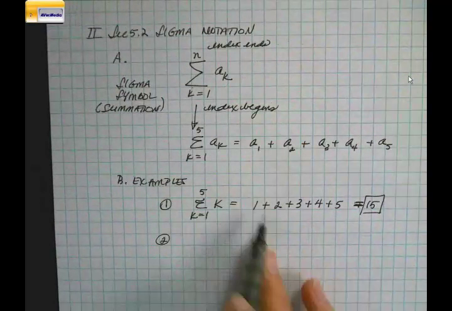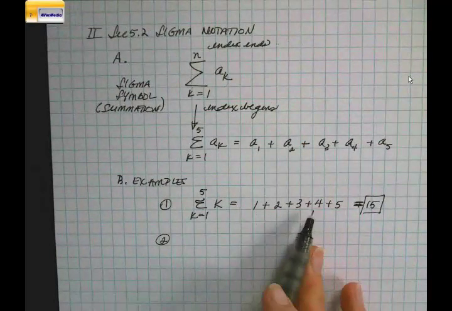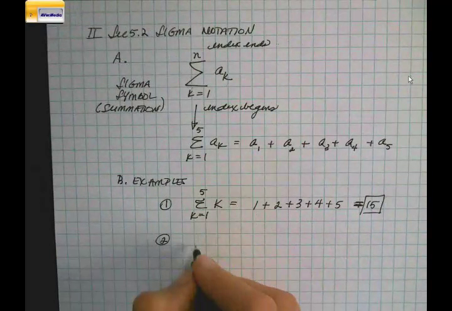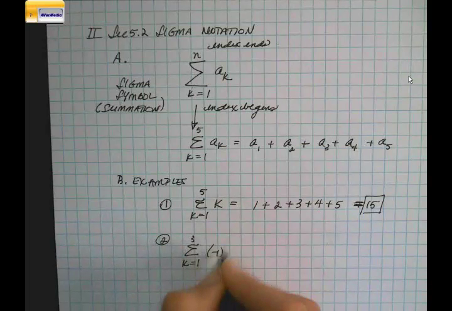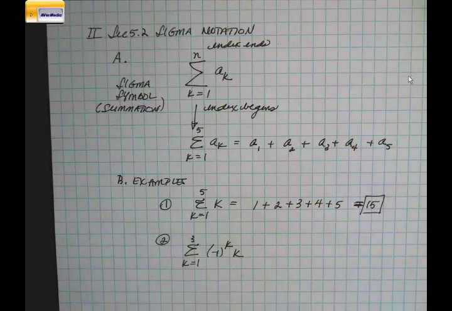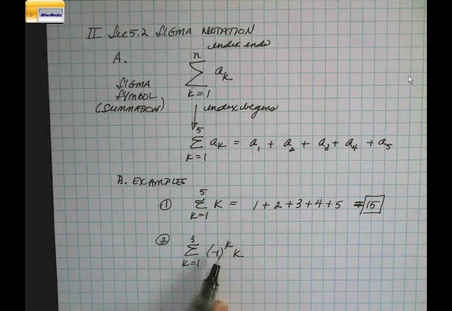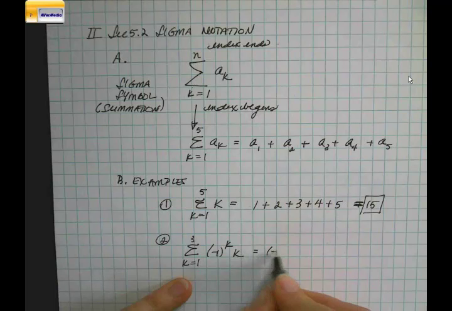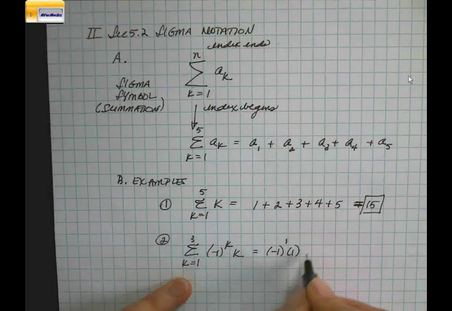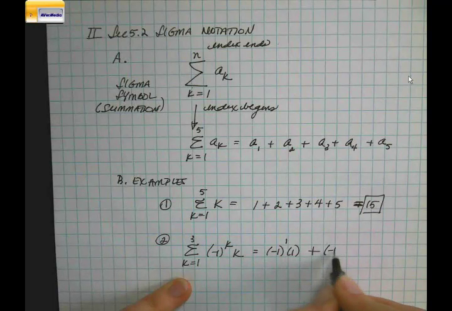Now, if you want alternating signs, so one is positive, one is negative, one is positive, one is negative, then you could have an example like this. The summation of k equaling 1 to 3 of negative 1 to the k times k. When you get the negative 1 to the k, that's what's going to give you the alternating signs, positive, negative, positive, negative. So your first one is to plug in a k value of 1. So this is negative 1 to the first power times 1, plus your second term is where k is 2.